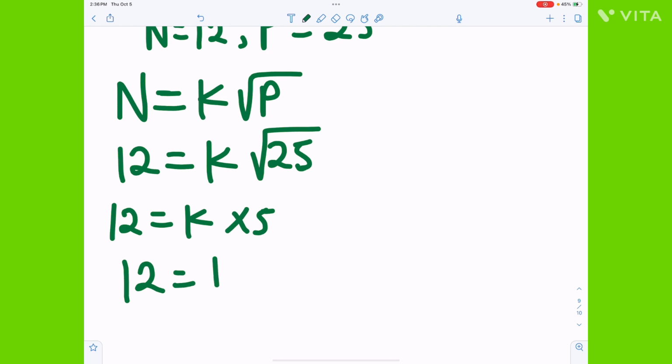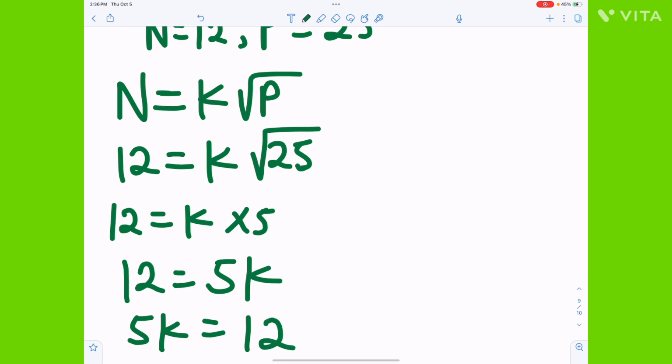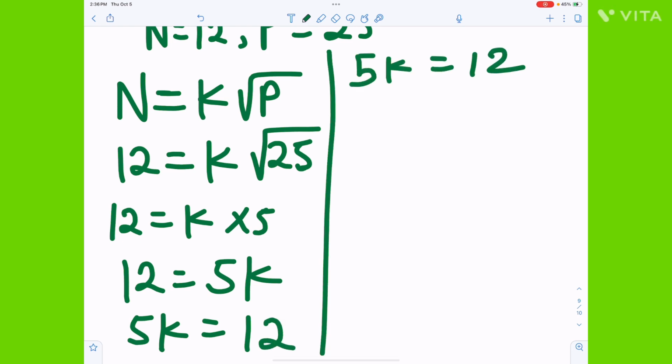Let me take all these steps so nothing looks ambiguous. So rearranging, we get 5k is 12. So that means k is 12 over 5.